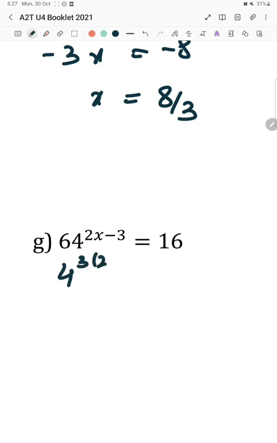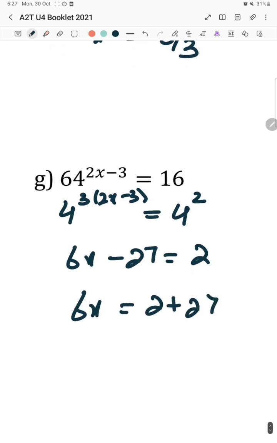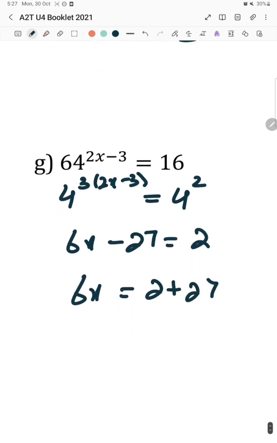4 cube, 2x minus 3 is equal to 4 square. Four cube, 2x minus 3 is equal to 4 square. 3 to the 6 minus 3 is a 9.